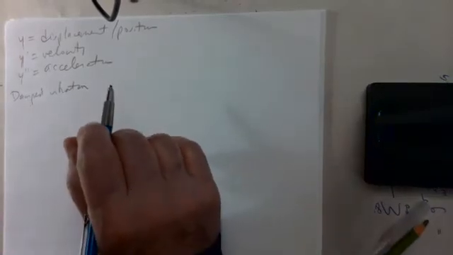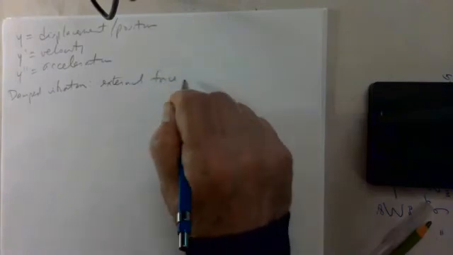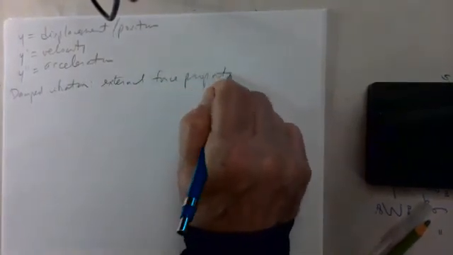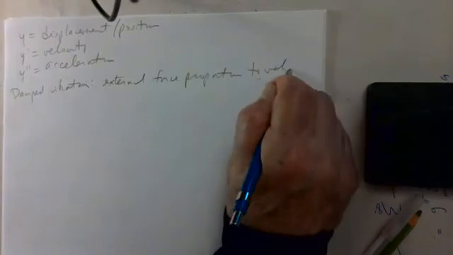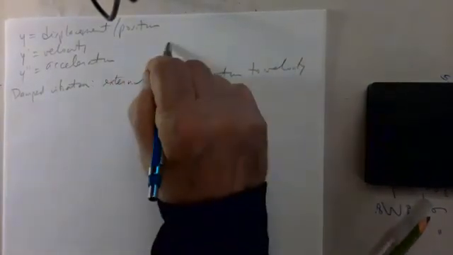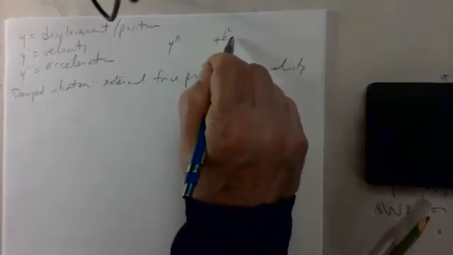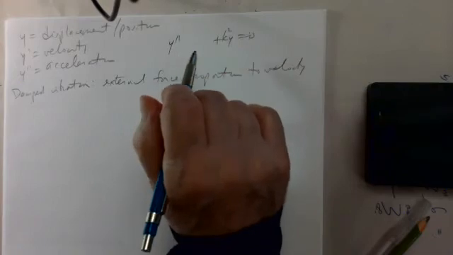But you have air resistance, which is proportional to the velocity, and it's slowing it down. So in a damped vibration, you have an external force proportional to the velocity.